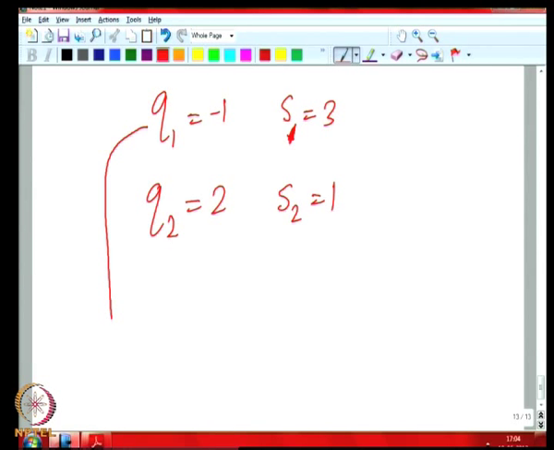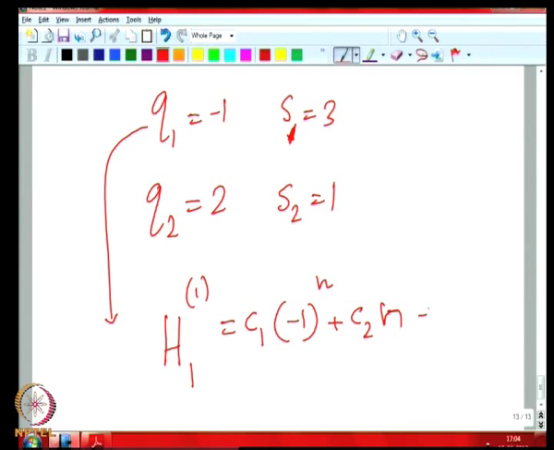The part corresponding to this in the general solution will be hn of 1: a constant c1 times minus 1 raised to n, plus c2 times n into minus 1 raised to n, plus c3 into n square into minus 1 raised to n, because there are 3 terms.